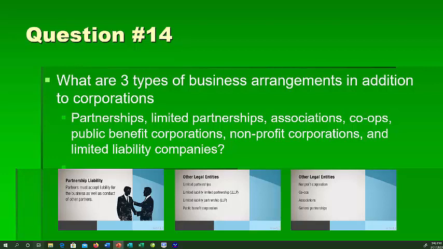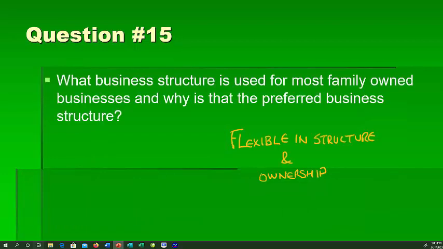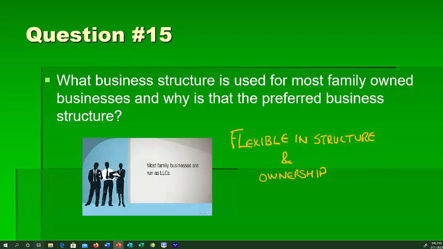All right, question 15. What business structure is used for most family-owned businesses, and why is that the preferred business structure? Okay, and I have up there flexible in structure and ownership. LLCs, because with the operating agreement, you have more control over the allocation of the rights and ownership and liabilities.